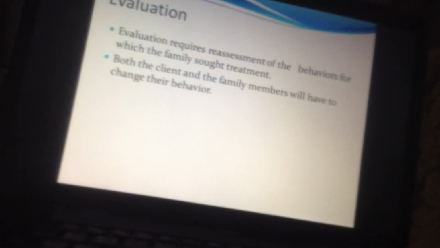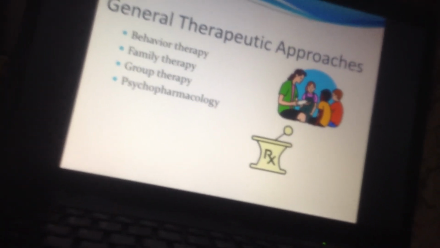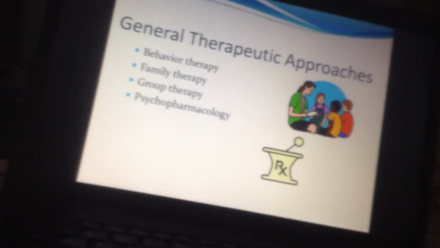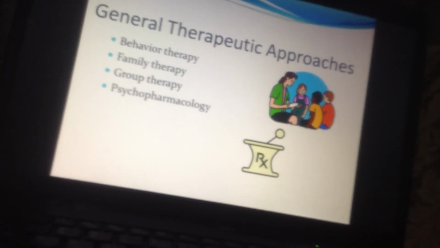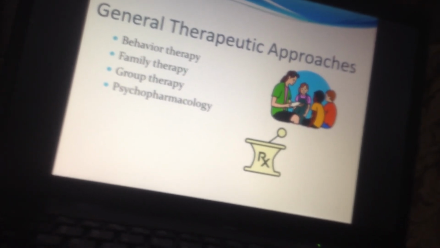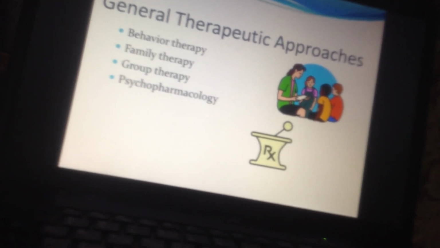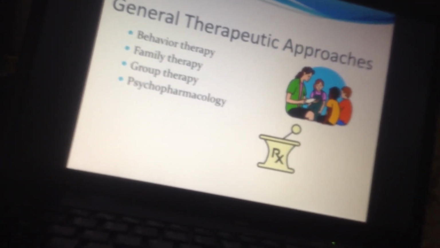Again, you can look into the nursing process. Finally, some of the things that you can do for these clients, which we already talked about in our previous class with behavior therapy, so I'm not going to go into a whole lot of detail about behavioral therapy, but this is something that would definitely help someone with separation anxiety disorder.